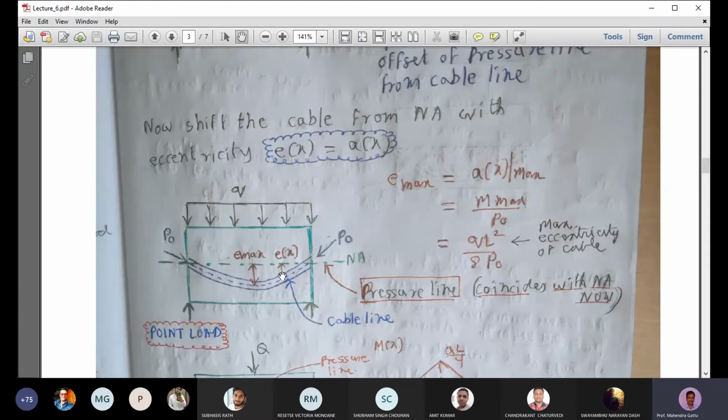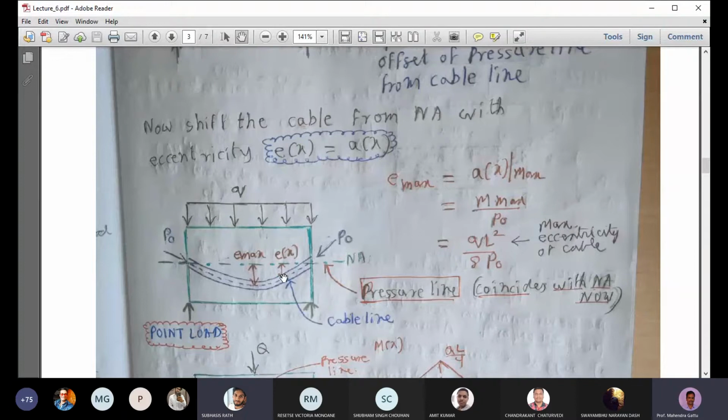Now, where will the pressure line lie for this case? Can anyone answer it? When you move the cable by a distance E of x, which is equal to A of x, downward, where will the pressure line lie?